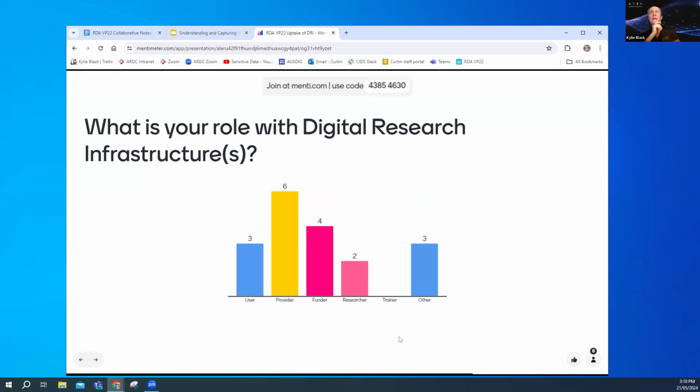Okay, interesting mixed bag of people there. The people who selected other, would you maybe, if you don't mind, either speak up or put in the chat what your relation is with digital research infrastructure that fits the other category?